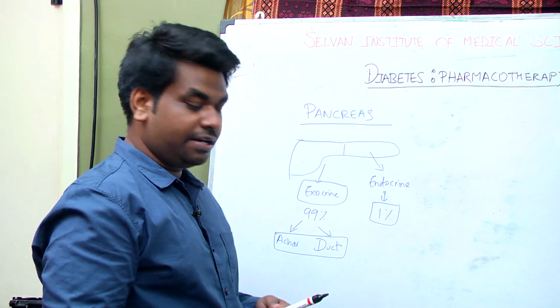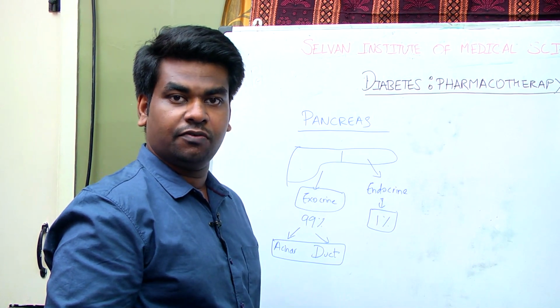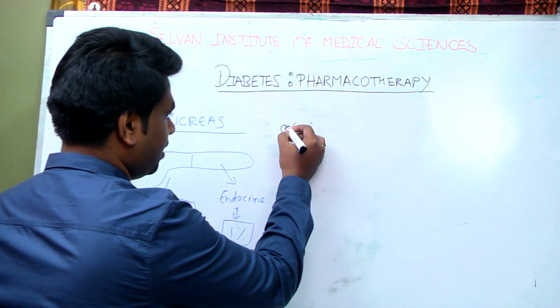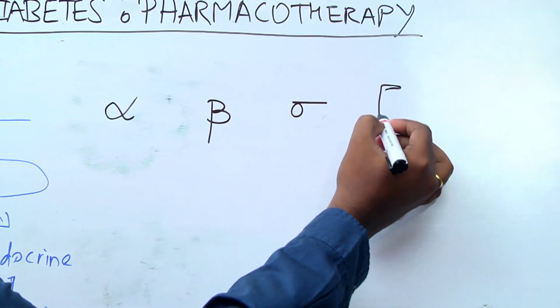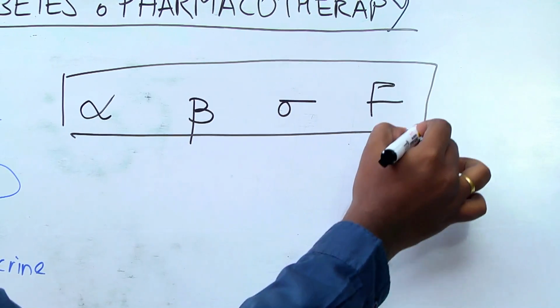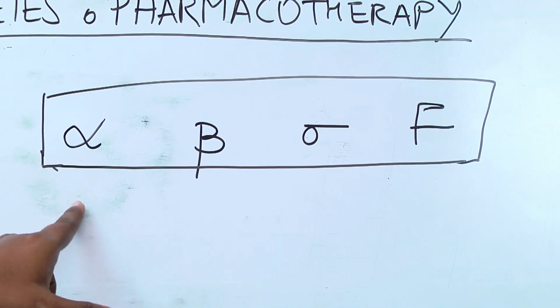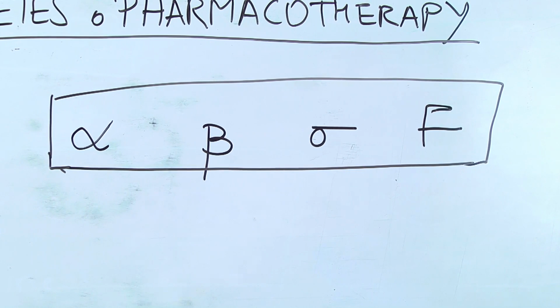So the endocrine part has many cells, and you should know in detail about the cells which are involved in the endocrine functions. So these are the cells: alpha cells, beta cells, delta cells and F cells. So these cells are the main cells which are involved in the endocrine function, and each of the cells secrete a different hormone. So each has a different function.